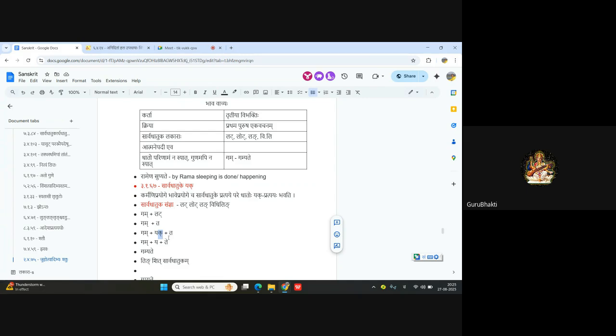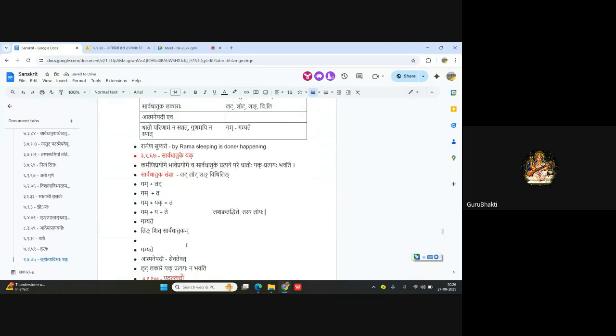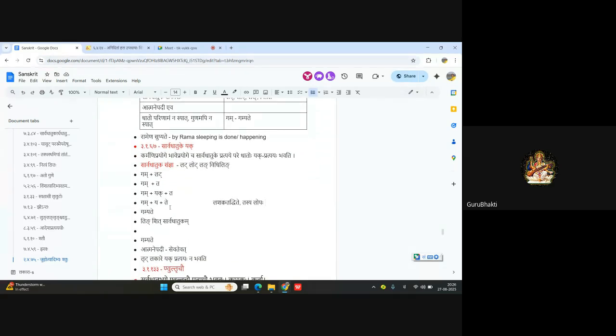By which sutra? Lashakvataddhite, by this sutra it gets its sangya. By tasya lopah, it disappears. Then gamyate, the rupa has formed.